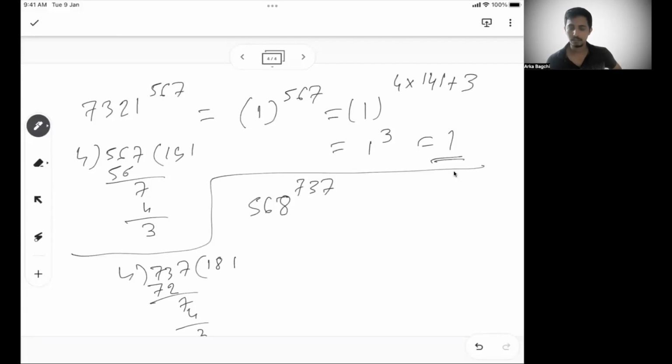Okay, so 3 is the remainder. So I can say 568 to the power 4 into 181 plus 3, which is the same as 8 to the power 4n plus 3. Now it is the same as 8 to the power 3. 8 to the power 3, the last digit is 2.